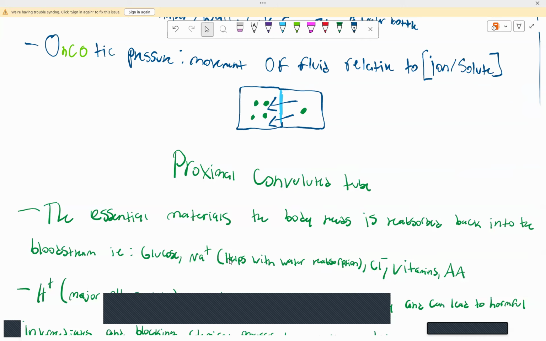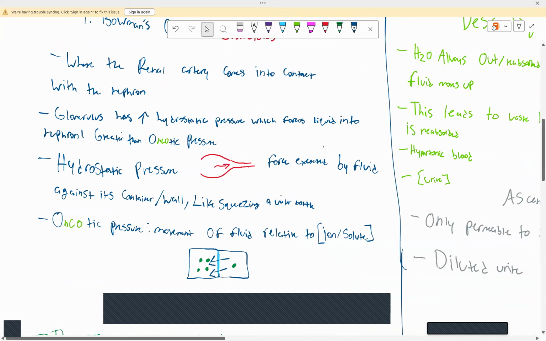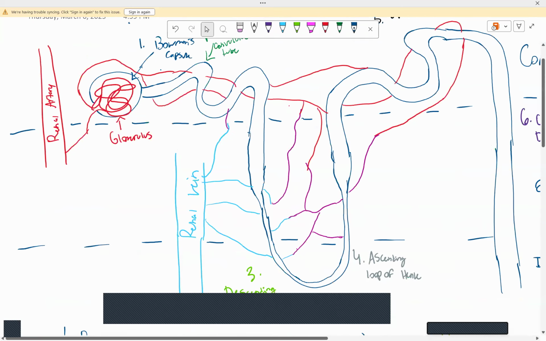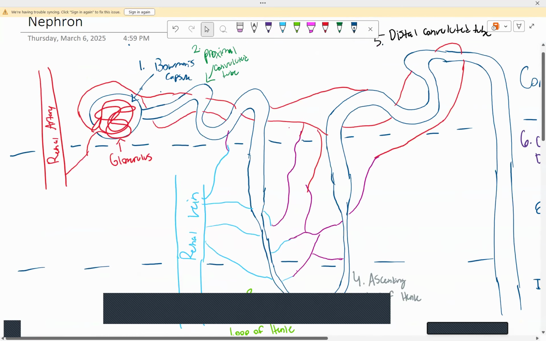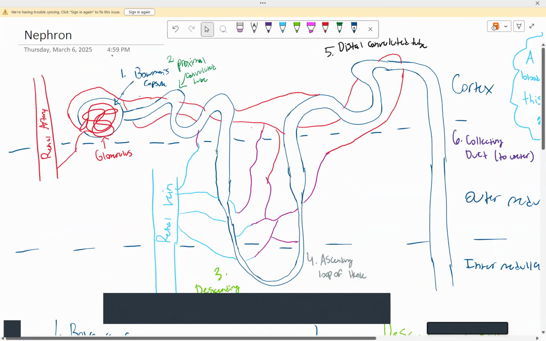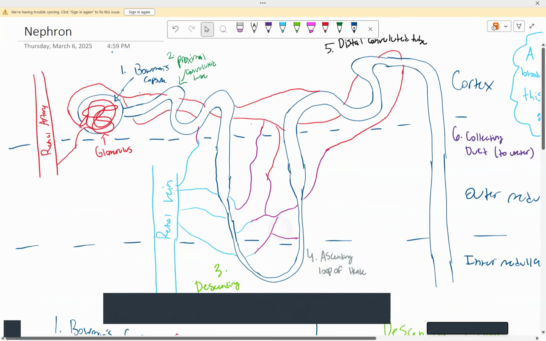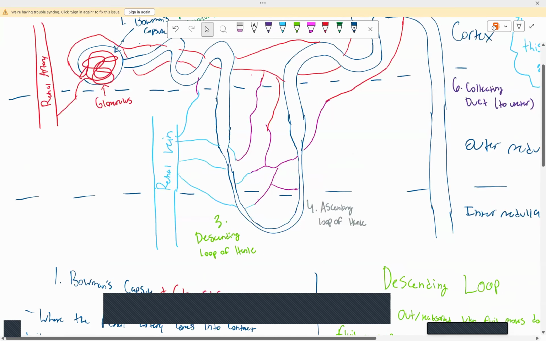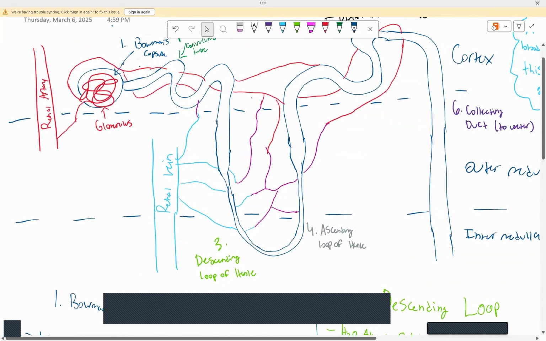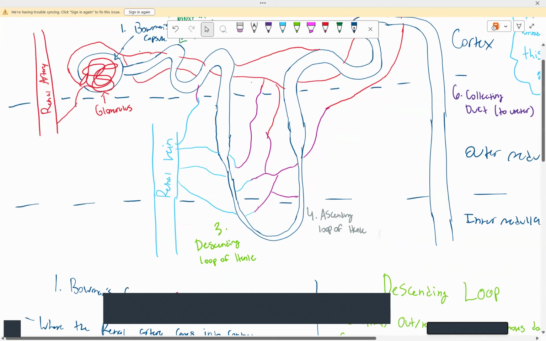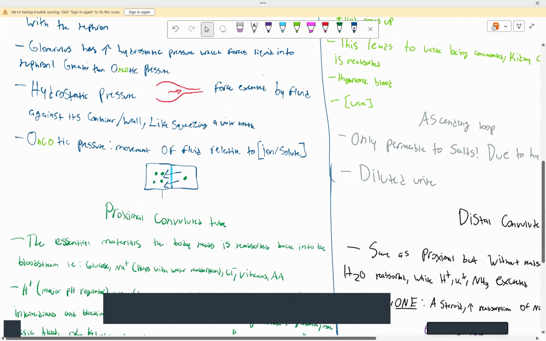And then the interstitium. The interstitium space is the space in between. It's not in the blood, but it's the space in the kidneys. The ions can then go back into the bloodstream, and all of the important stuff we're talking about that gets reabsorbed first goes into the interstitium space and then into the bloodstream, into the circulatory system again.